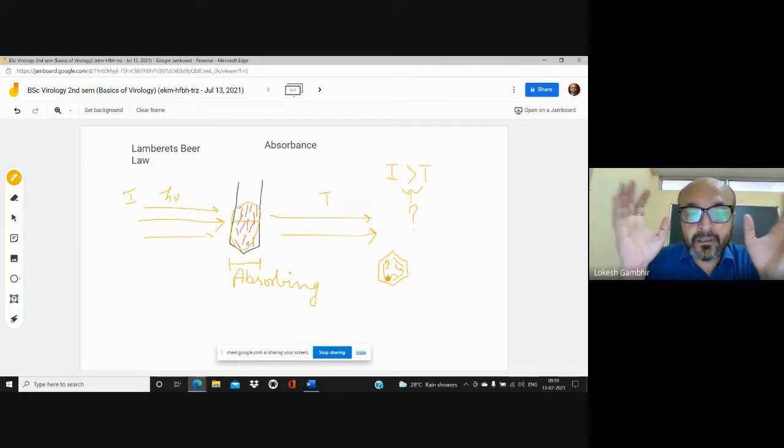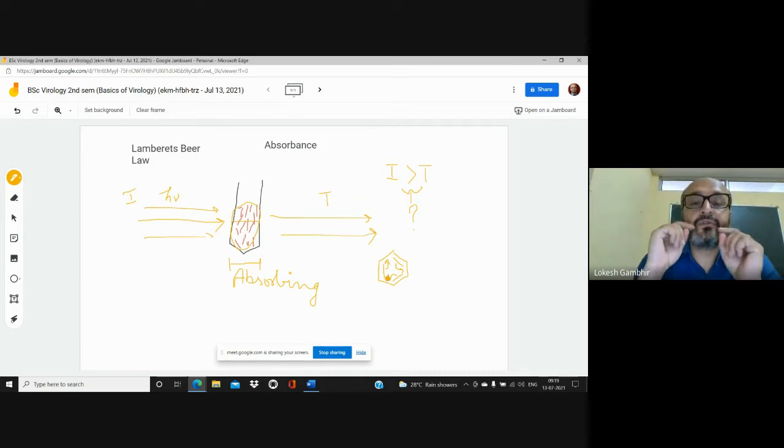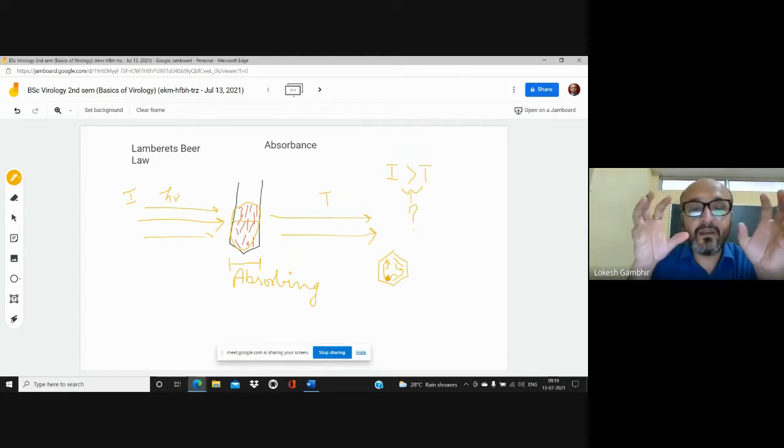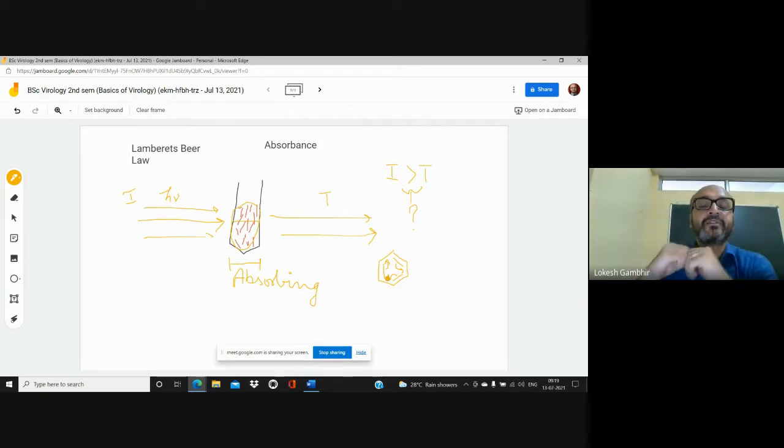All the molecules which have aromaticity in their structure absorb beautifully, and you will see the absorbance of protein, nucleic acid, and other molecules is based on these aromatic ring structures only. Those are the critical features that impart absorbance power.